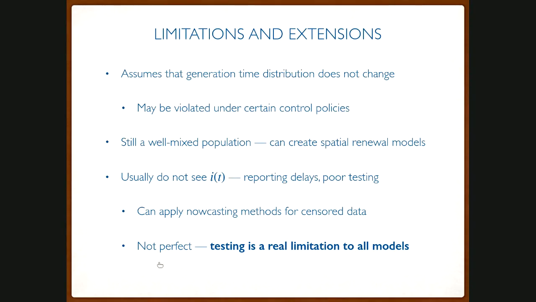This really drills home the point that testing could be a real limitation to some of these models, because if the I values are all wrong or systematically biased, we could get wrong impressions about the reproduction numbers. You can think of that explicitly in chemistry: if instead of measuring your concentrations across time correctly, you measured some really noisy version with a systematic bias, your inferred rate constants could be terrible.